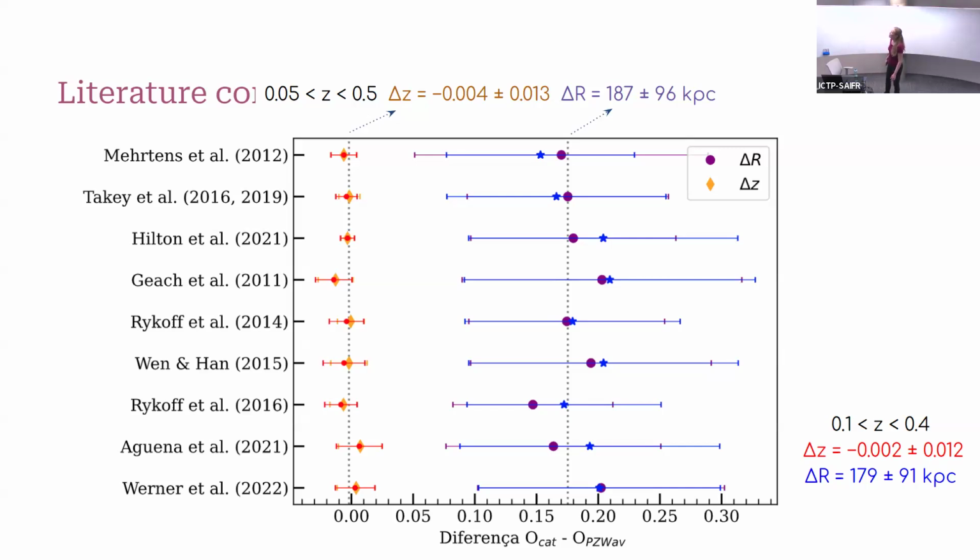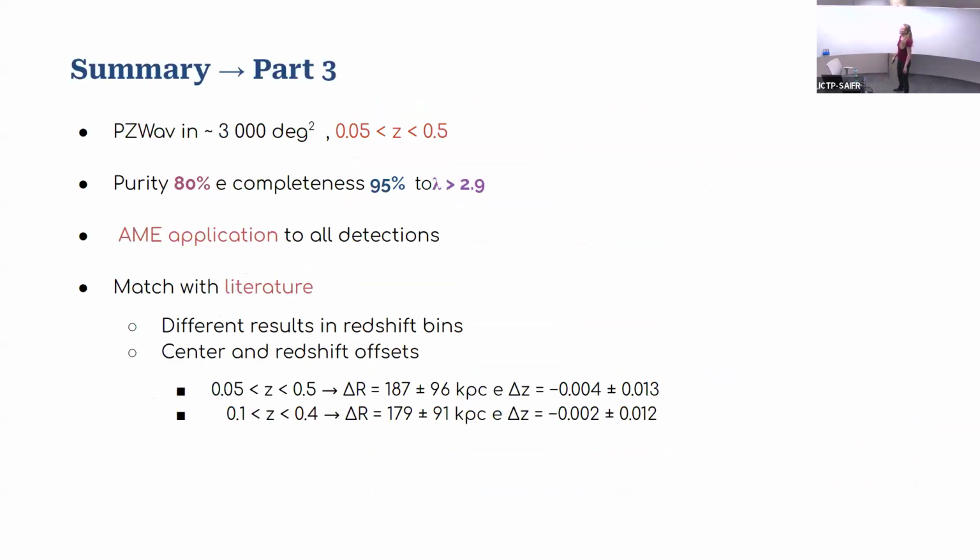It's lower than the 250 kiloparsecs that we found should be best for our richness membership estimator. And very small differences for the redshift values too. So 0.002, which is great. And that's the summary for part 3. And that's all. Thank you for your attention.